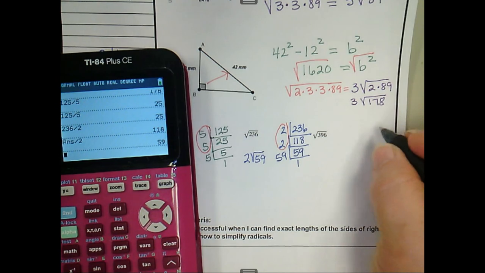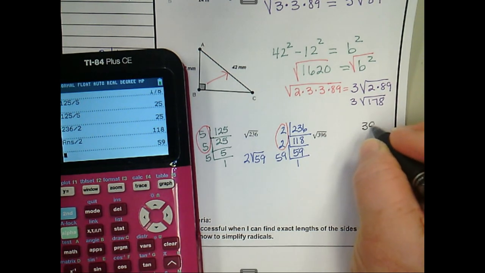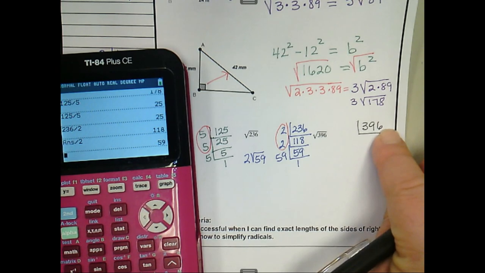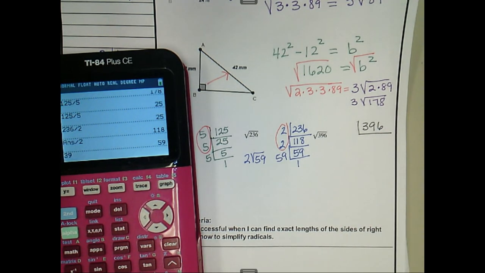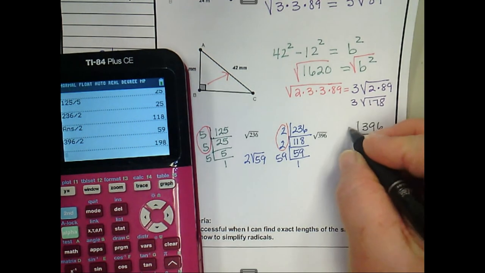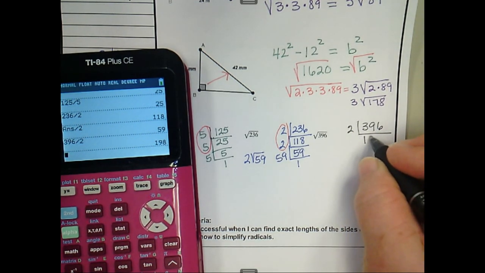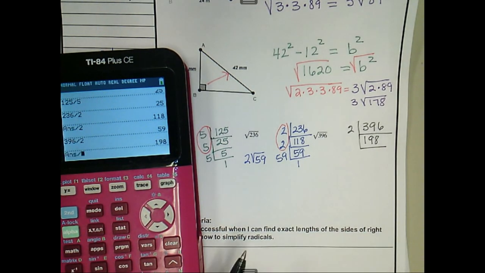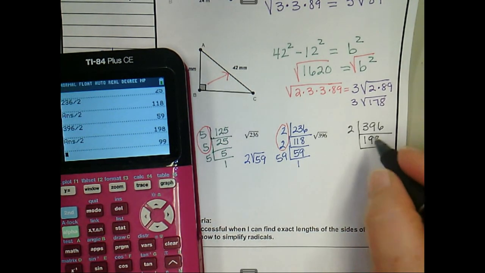I hope you worked at it. 396, is it even? Yes, it ends in an even number. So I divide it by 2. I get 198. 198 is even, so I divide it by 2 again.